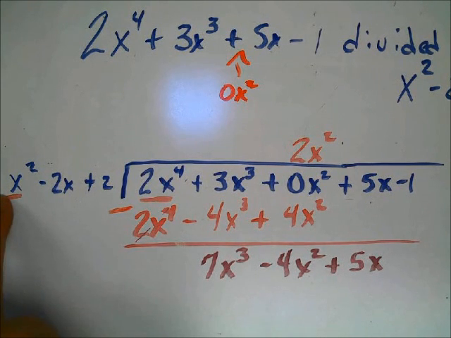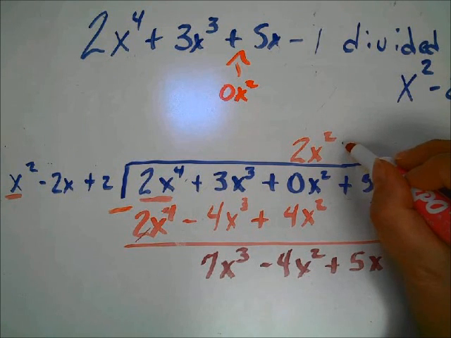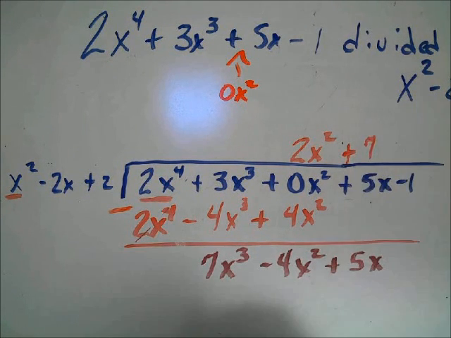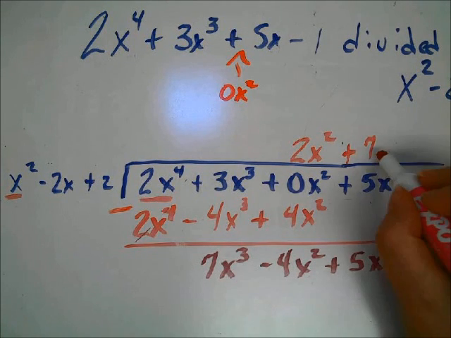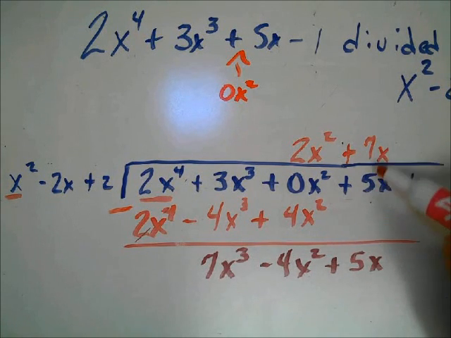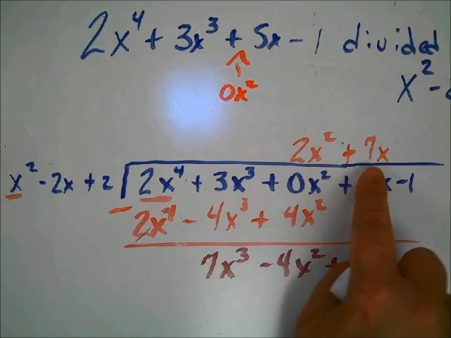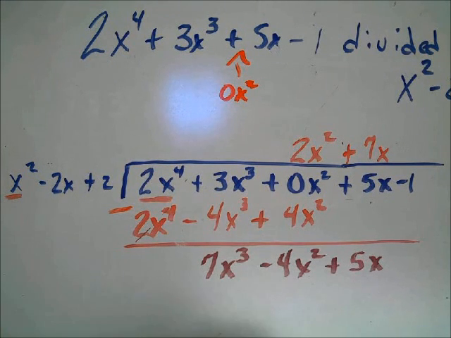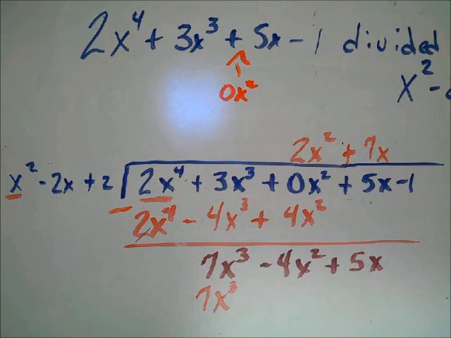And that's good because the 7x should be directly above the 5x. Now I'm ready to multiply. 7x times x squared is 7x cubed. And that's good because that's going to cancel out our x cubed term. And that's what we want. 7x times negative 2x is negative 14x squared. And 7x times 2 is 14x.